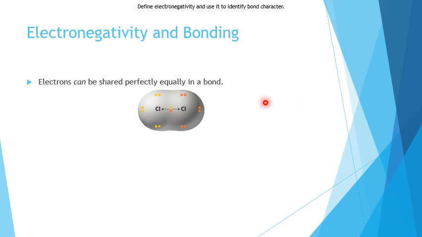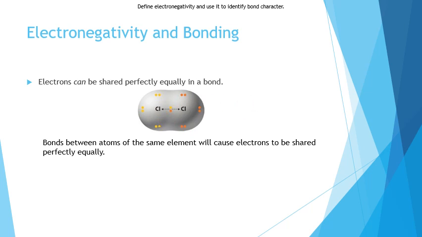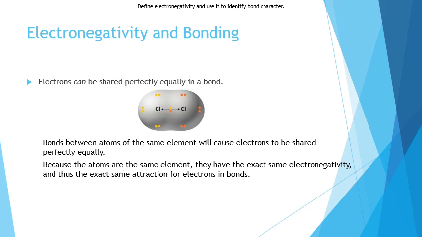Now this is a different diagram here. Because this bond is between atoms of the same element, these electrons will be shared perfectly equally. This is because these atoms are the same element, they will have the exact same electronegativity. And thus, these two atoms, the two chlorines, will have the exact same attraction for these electrons in the bond.